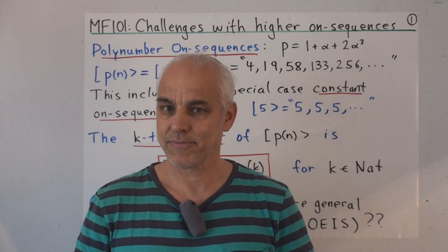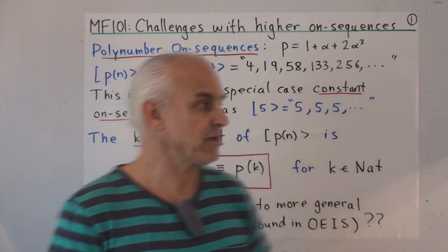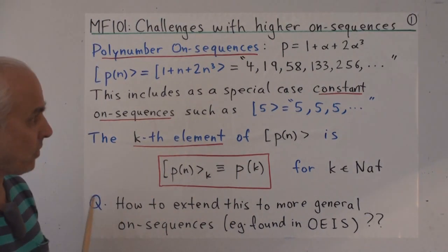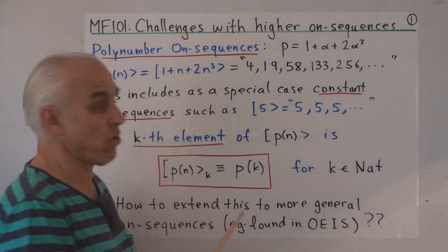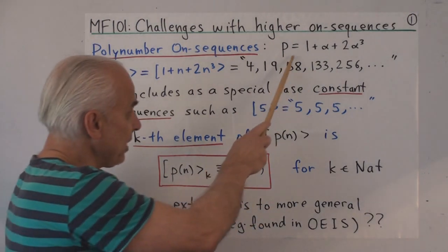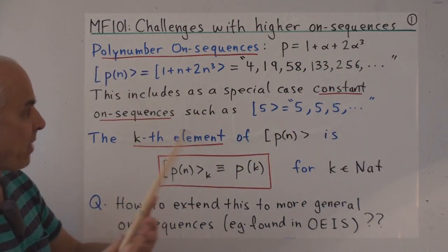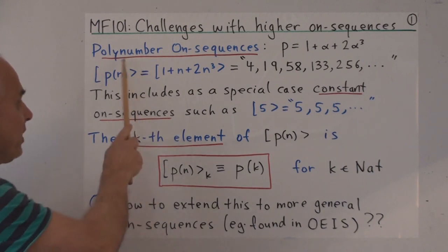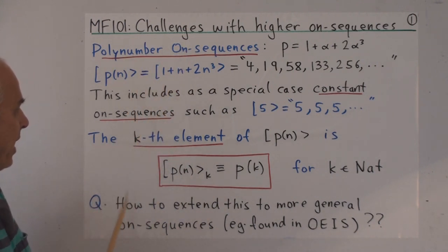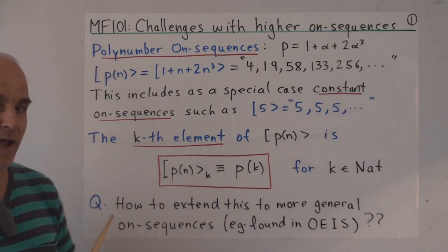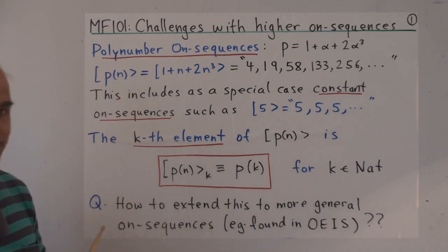So last time we talked about polynumber on sequences, where we start with a polynumber or a polynomial. For example, p equals 1 plus alpha plus 2 alpha cubed. And from that we can generate a so-called polynumber on sequence. I remind you, this is the notation that we used. We used a square left bracket and a pointed right bracket.